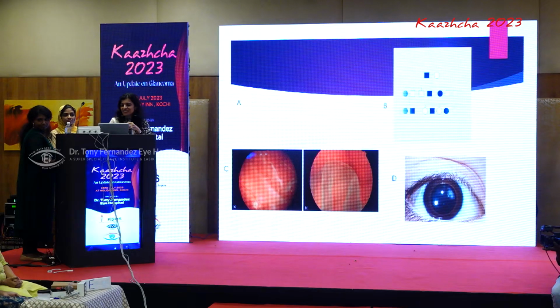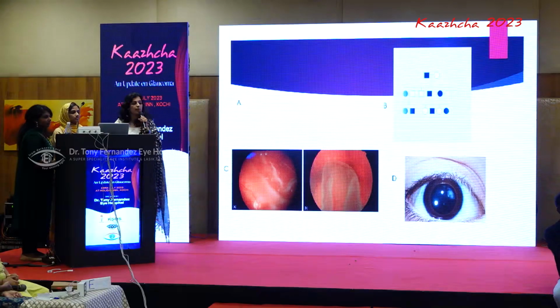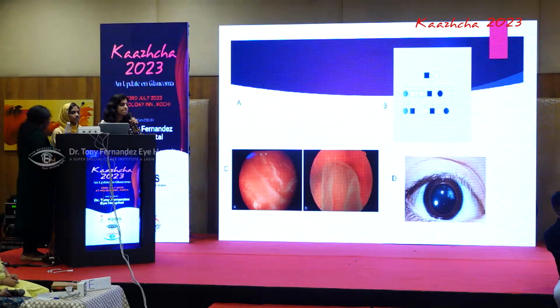Can you identify the syndrome? Okay, team A. Familial exudative vitreoretinopathy. No. Team B. Stickler syndrome. Correct. 5 marks.